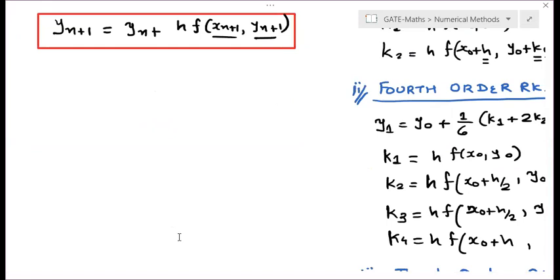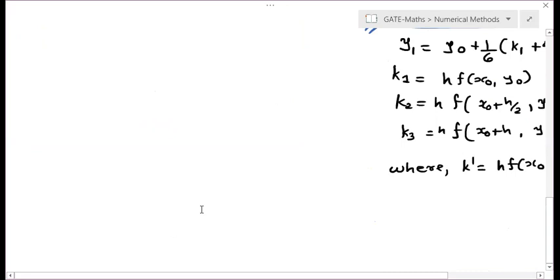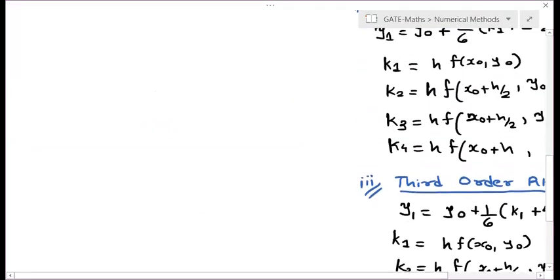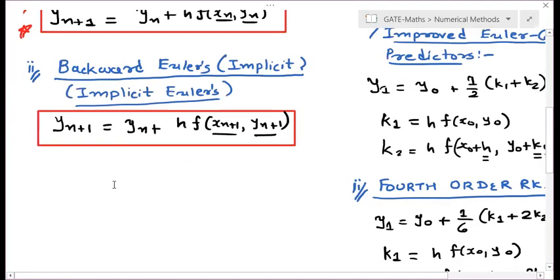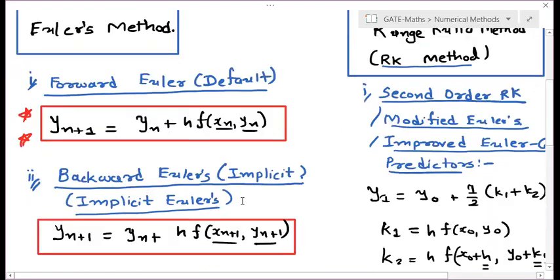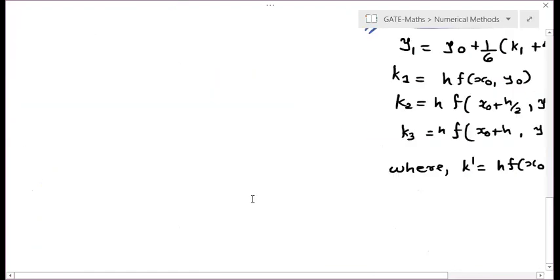So let us start all the examples. Now, first question. And I will make a table of error order here only, in this space, so that you can find all formulae in the beginning only.